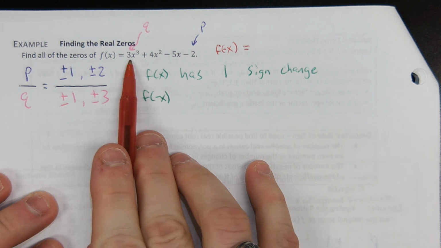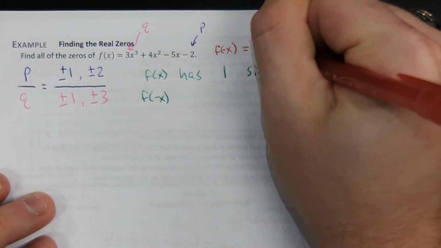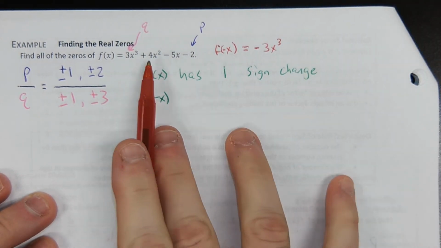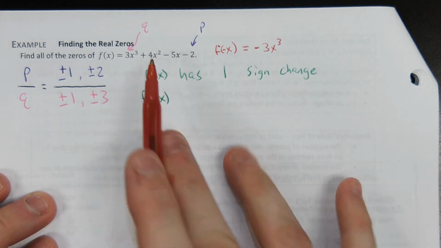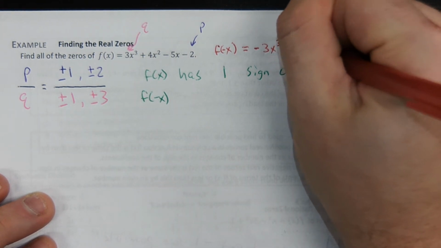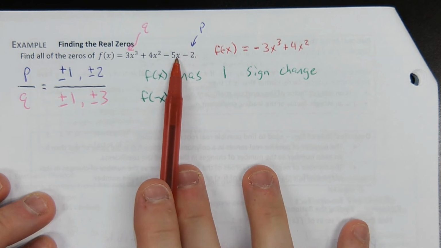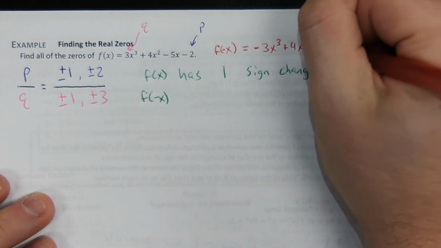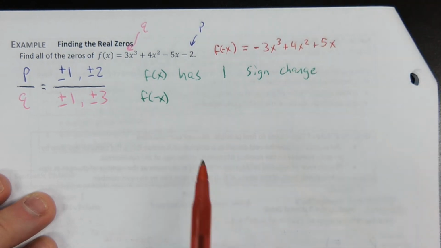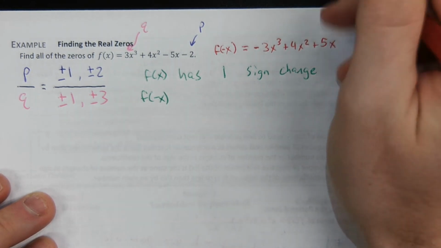Odd exponent here, sign will change. Negative 3x to the third. Even exponent here, nothing's going to change. Exponent here is a 1, which is odd. Sign will change. This doesn't have an x, so it is unaffected.